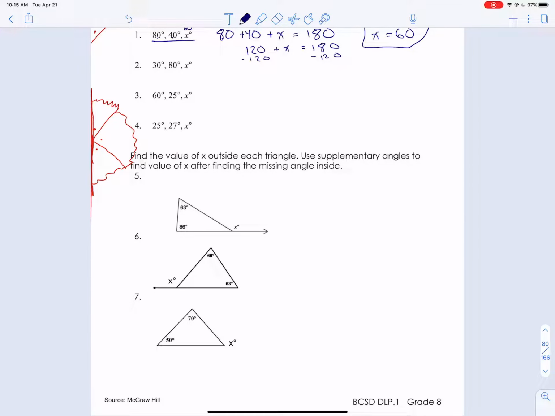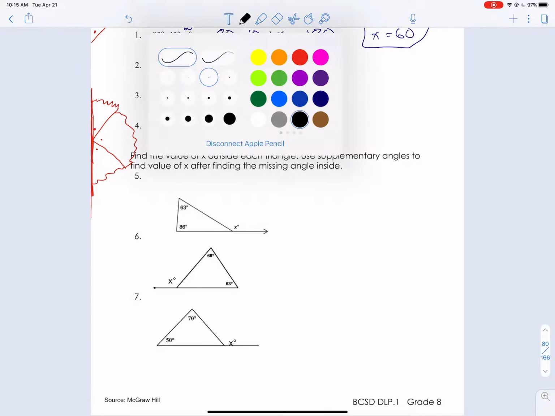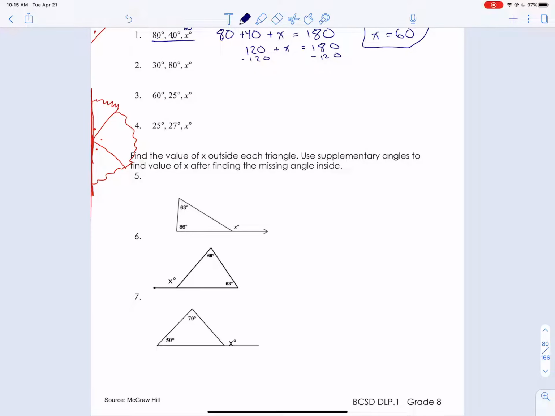Okay, so the next section, there are fancy ways to think of this, but I try to keep you guys from memorizing more than you have to. So we want to know the angle outside of the triangle. There is a rule for this, but it doesn't really matter because we know that if we add the angles inside the triangle, it will add up to 180.